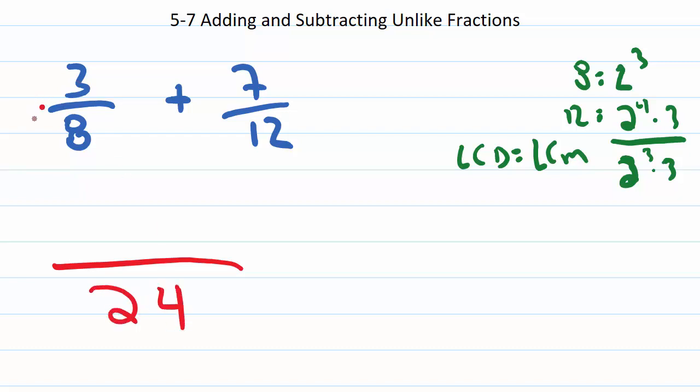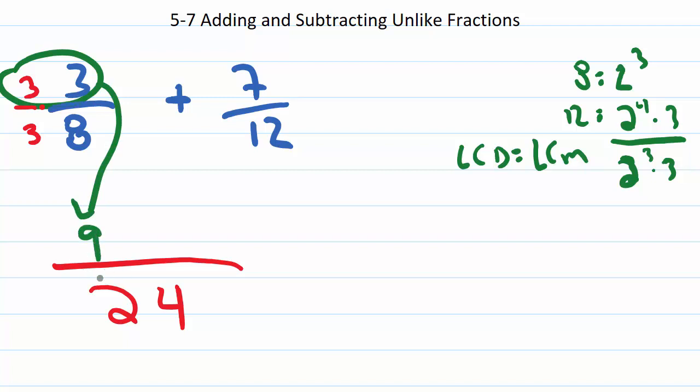How do I build 8 up to 24? I multiply by 3, because 8 times 3 is 24. But I can't just multiply by 3, I have to multiply by 1, so I'm going to multiply by 3 over 3. So my new numerator, 3 times 3, is 9, giving 9/24.